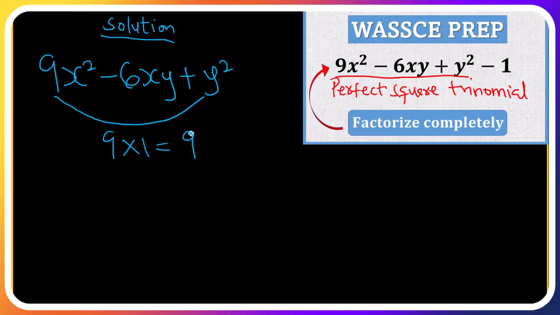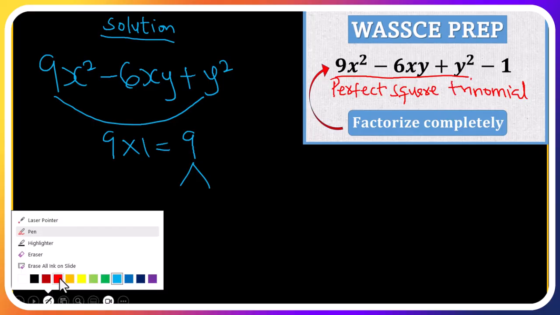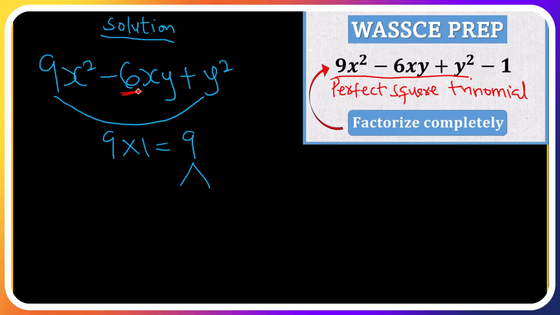From the product, we move on to finding the sum, and the sum is taken from the factors of 9, giving us the second term, which is minus 6. Now we have minus 3 and minus 3. Minus 3 times minus 3 gives us 9. Minus 3 plus minus 3 also gives us minus 6.